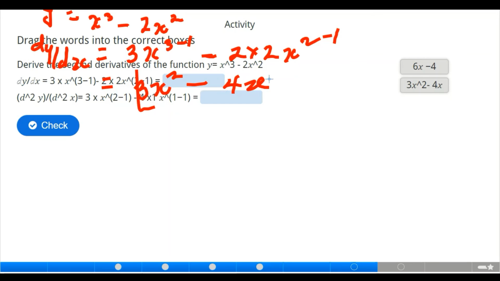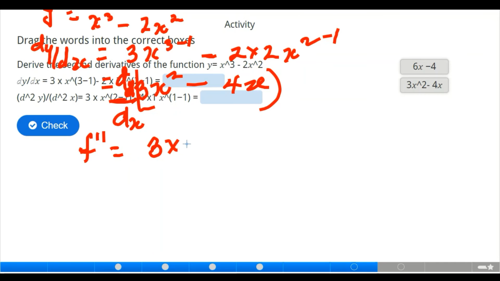So we are differentiating this again, and that's how the second derivative comes in. We have to differentiate this again, and that is the second derivative. How do we differentiate it?